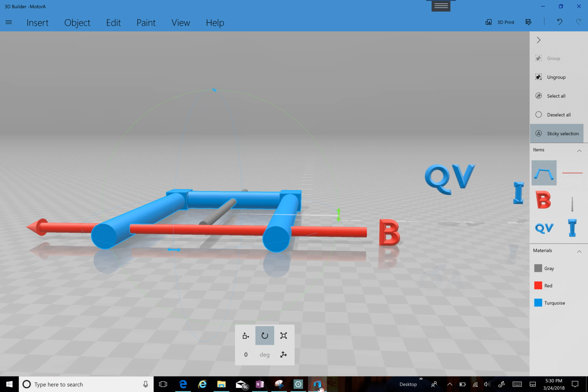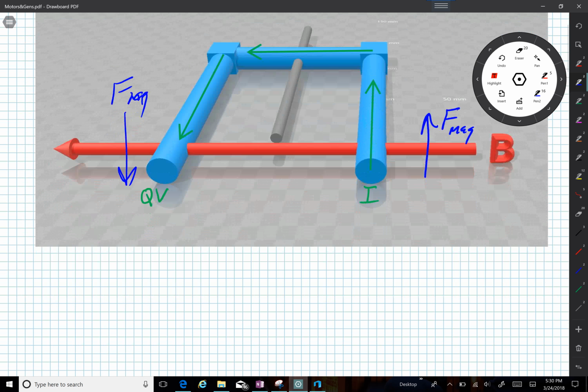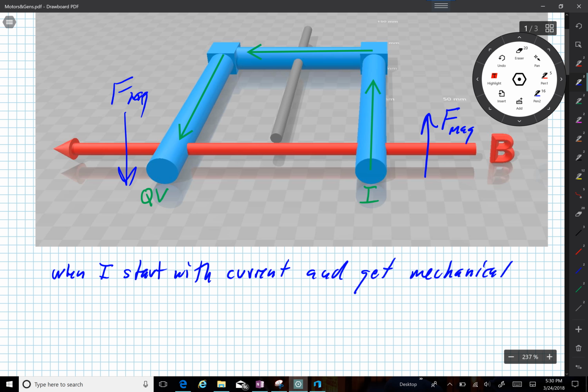So let's just summarize again real quick. When I start with current and get mechanical rotation, I have a motor, an electric motor.